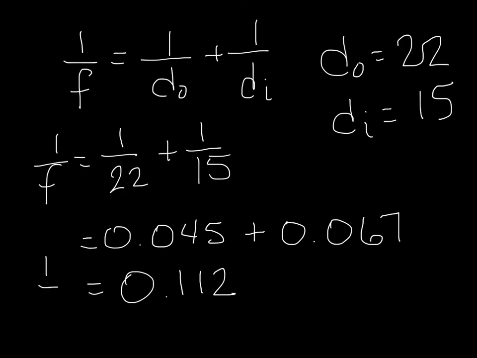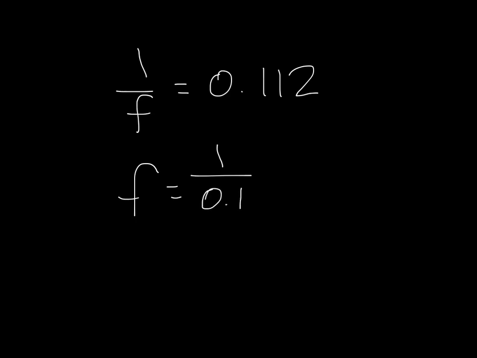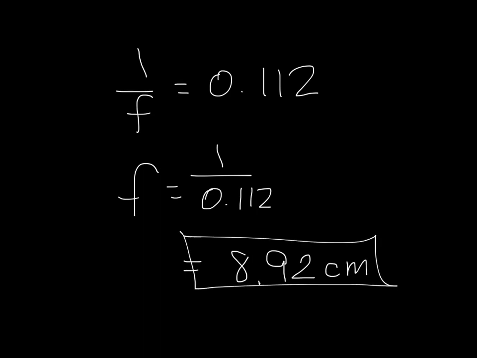So 1 over the focal length is equal to 0.112. Go ahead and flip that, so the focal length is equal to 1 divided by 0.112, which is 8.92 centimeters. So our focal length is 8.92 centimeters.